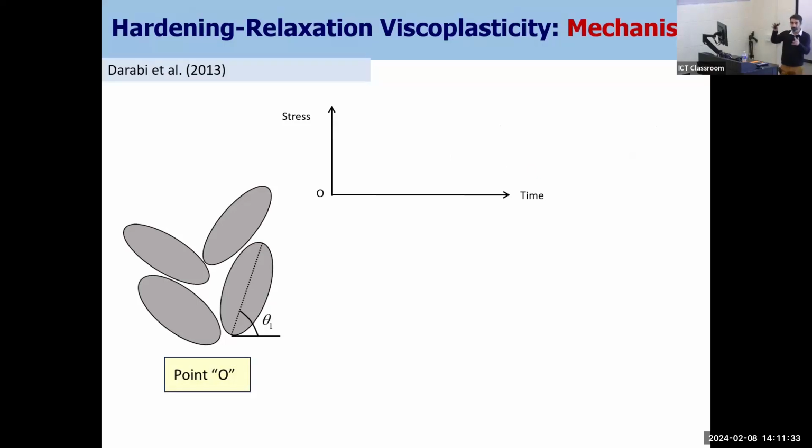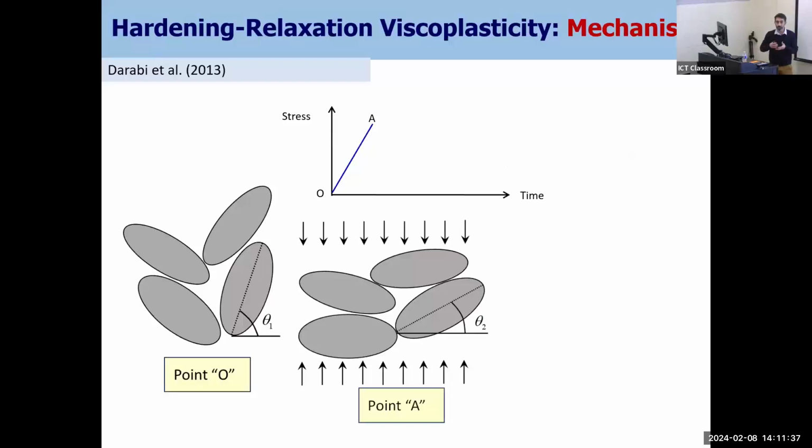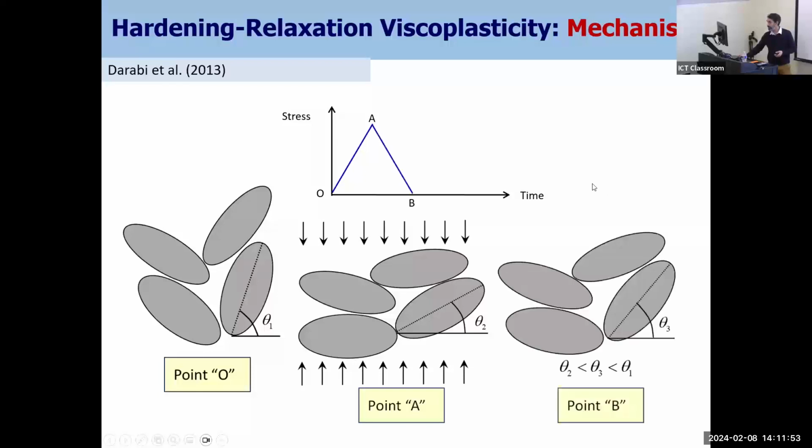So imagine some particles together, and let's say you start loading it, and imagine this is, for example, base. Then they become flatter, and the angle between the longest dimension of the aggregate and the horizon decreases, and then when we unload, there will be a little bit of rebound. This level of rebounding would be much more pronounced if we deal with asphalt mixtures, because you have binder.